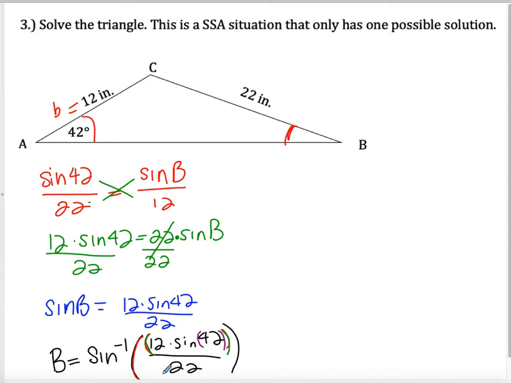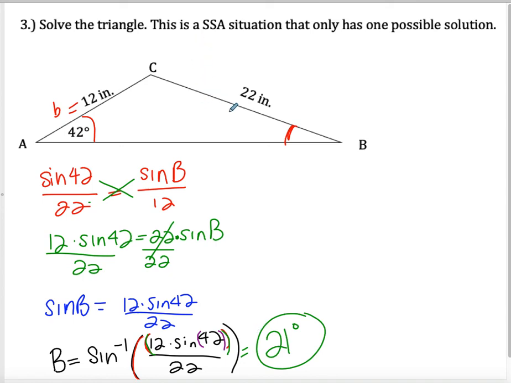You have to do this all in one step. You can't hit enter and then divide by 22. You have to do that all in one step. Your answer is 21. Yes? Now you're getting 21 point something, but we're going to round to the nearest whole degree. 21 degrees. Okay?